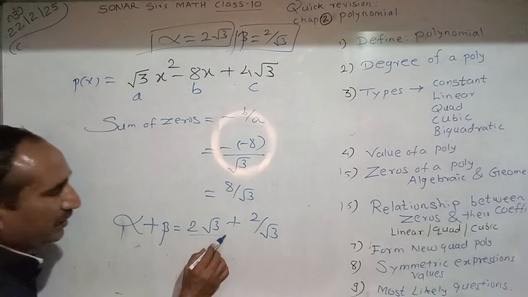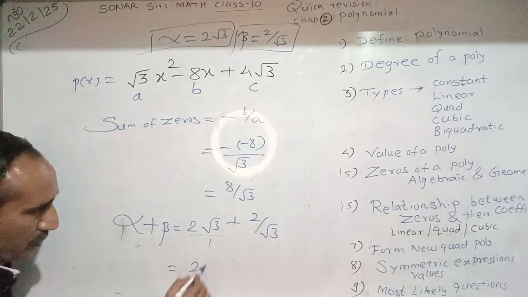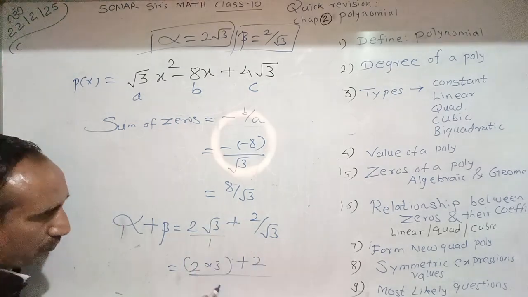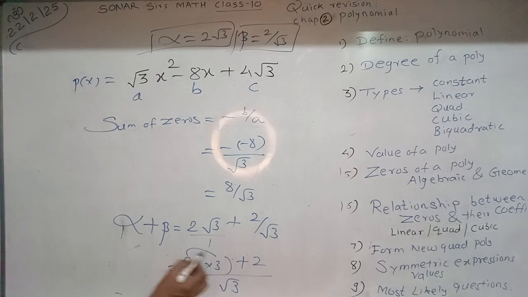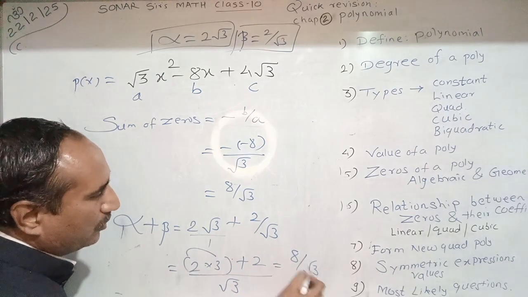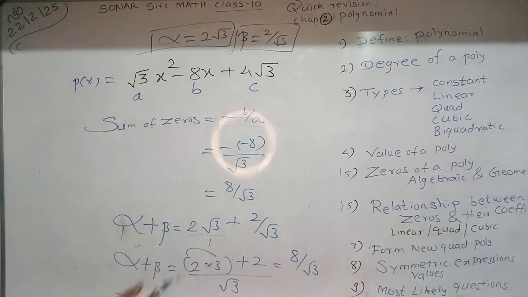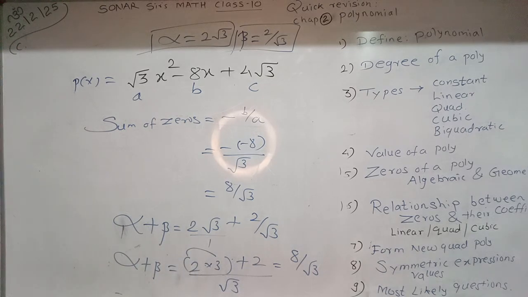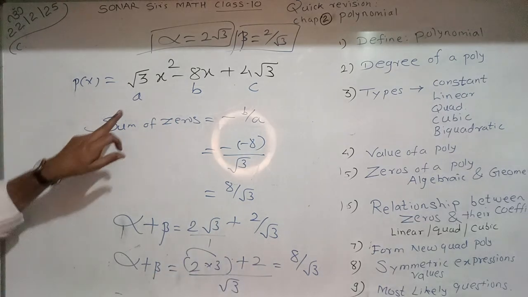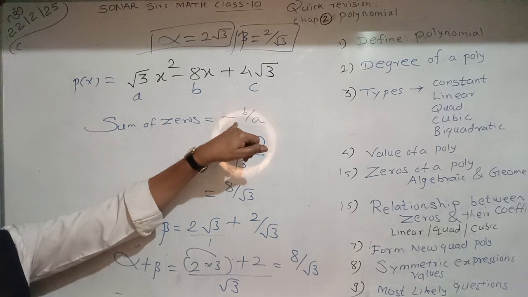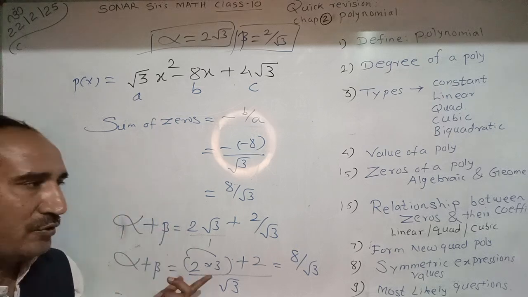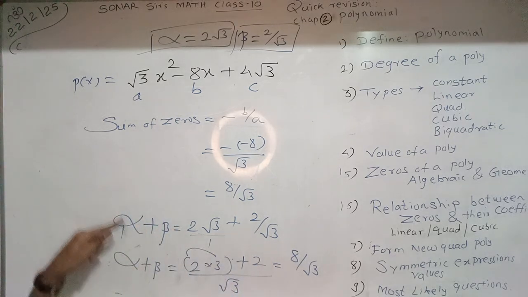There is nothing in the denominator for the first term, 1 is there, so cross multiply. 2 root 3 into root 3 is 6, plus 2 upon root 3. 6 plus 2, 8 upon root 3. So the sum of the zeros by actually adding the zeros is 8 by root 3, and by using the relation between the zeros and coefficients we got the same answer. So the relation between the zeros and their coefficients is verified.